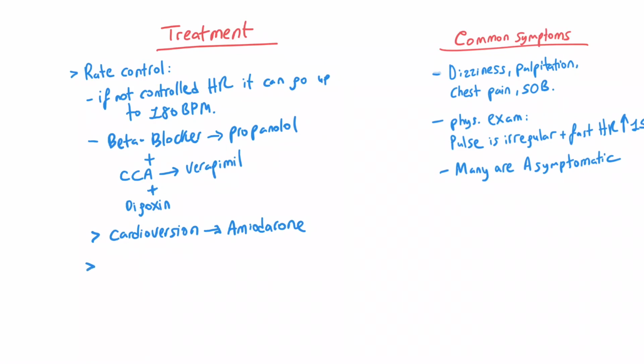And the third thing that you want to do with AF patients is stroke prevention. Very important, because the blood flow is not very good, they have an increased risk of developing a stroke.